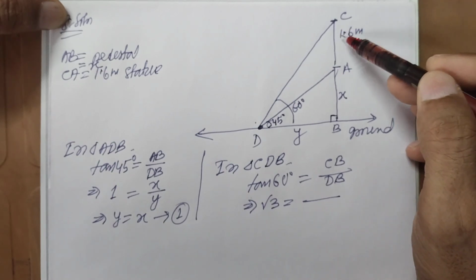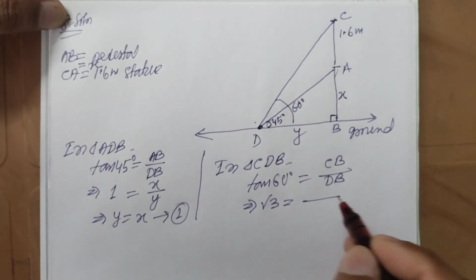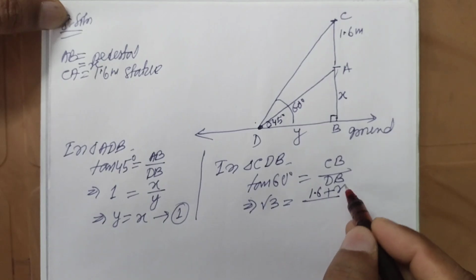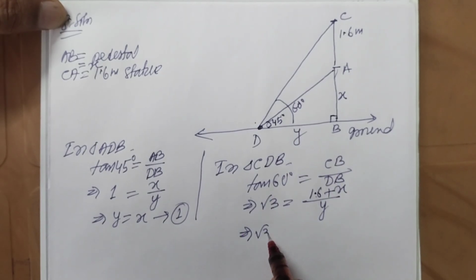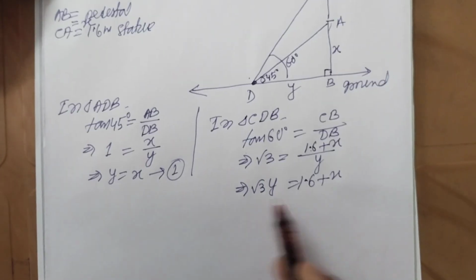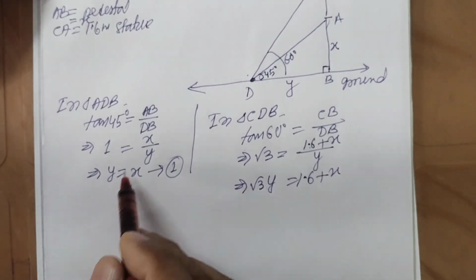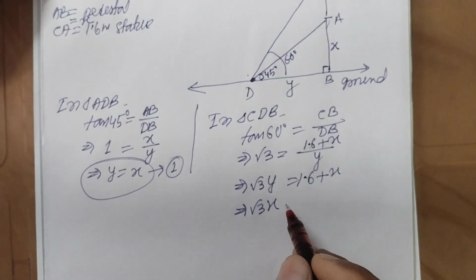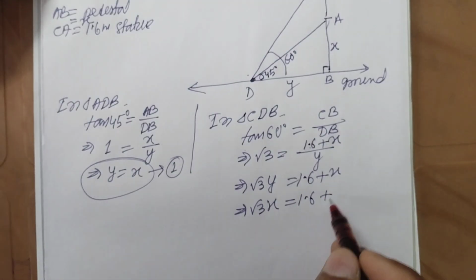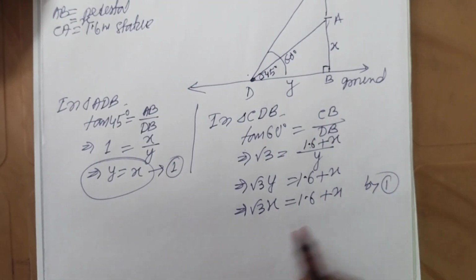You see there in the diagram, 1.6 meter plus x, by DB. We have taken it y. Just cross multiply, root 3 into y is 1.6 plus x, and y we do not need, you need x, so you can just substitute in place of y. You can put x, 1.6 plus x. You can mention here by using equation 1.